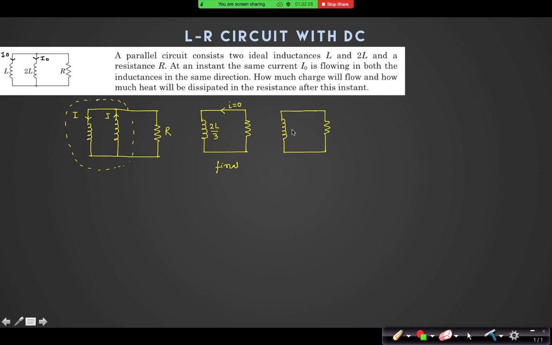And initially in this 2L by 3, what was the current? 2I naught. 2I naught. So what is the change in energy? Half into 2L by 3 into 2I naught square. Because finally it is 0. So that is 4 by 3 Li naught square.